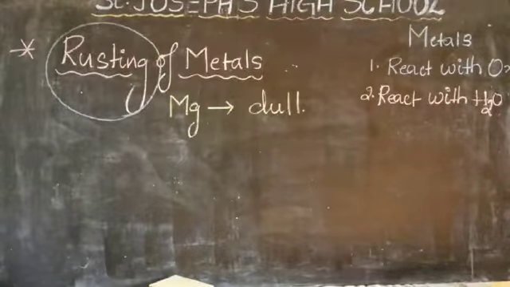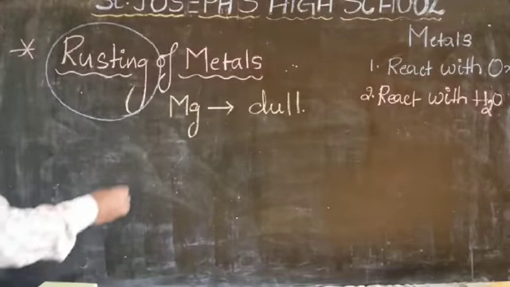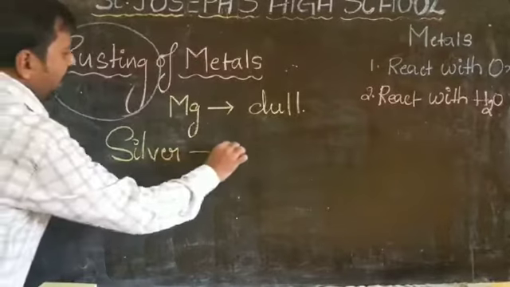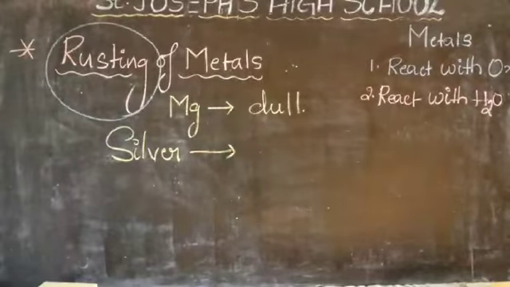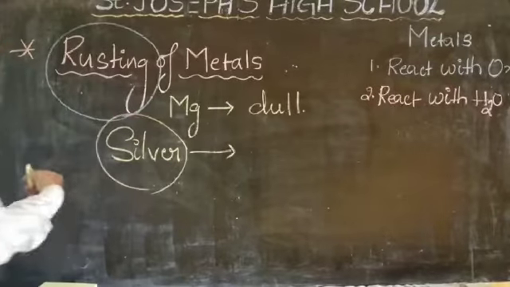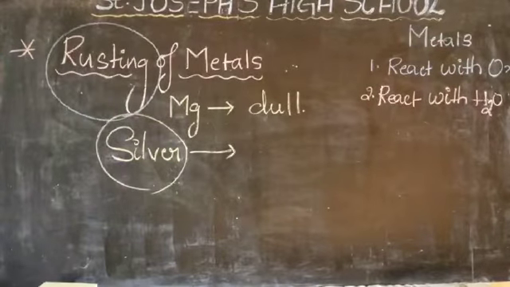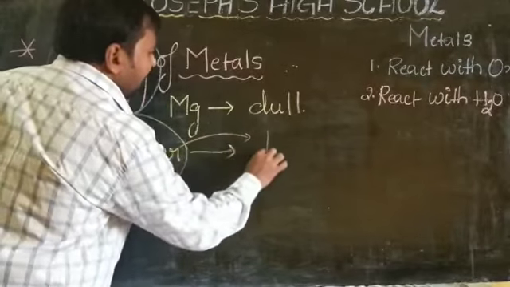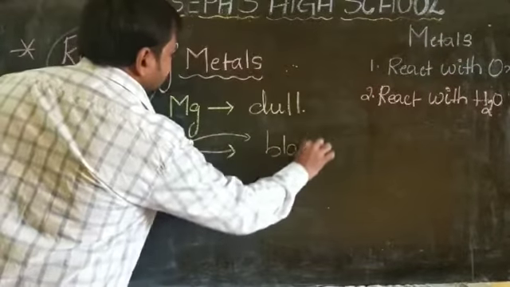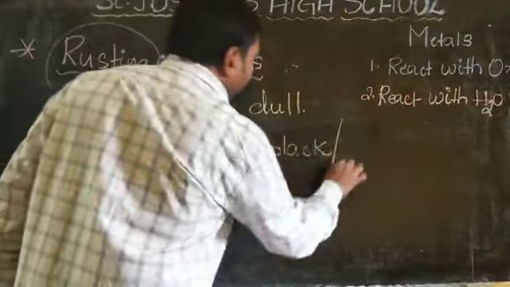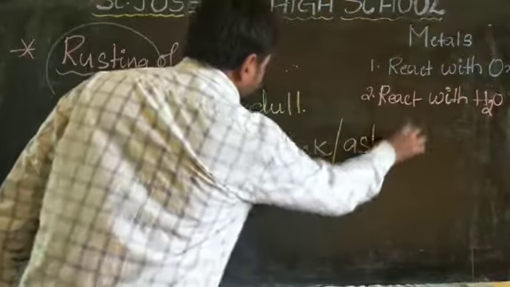If you observe silver objects, like spoons or utensils, after rusting they will completely convert into black color. Sometimes they will convert into ash color also.